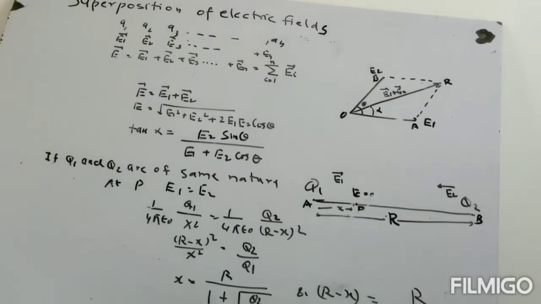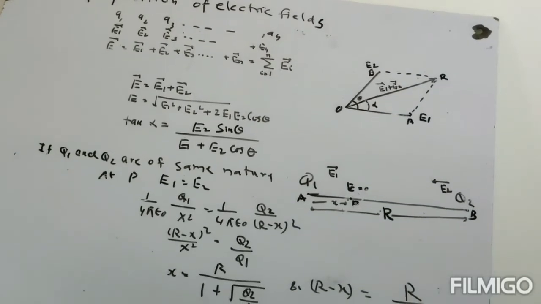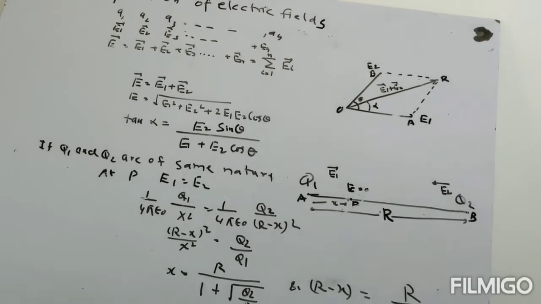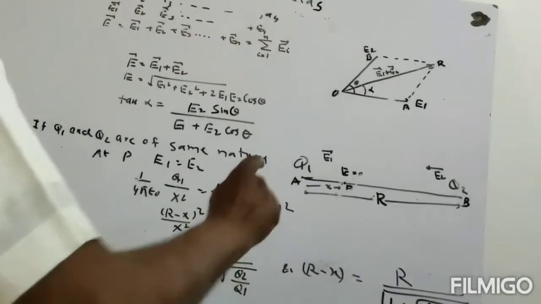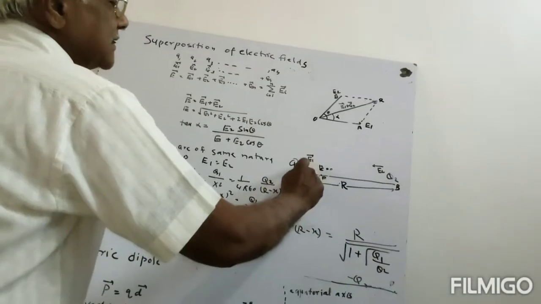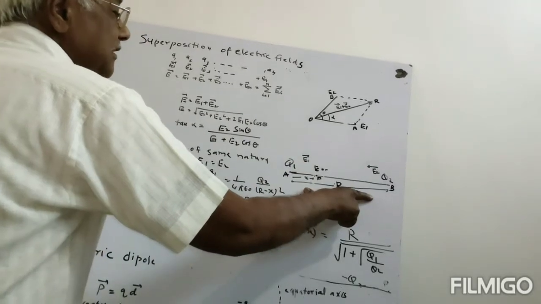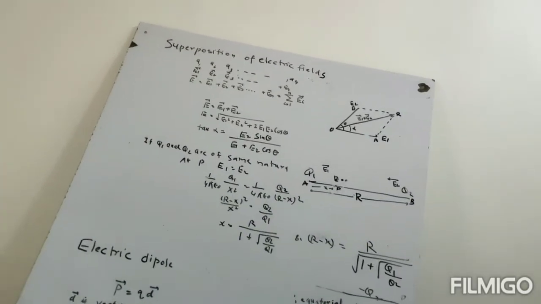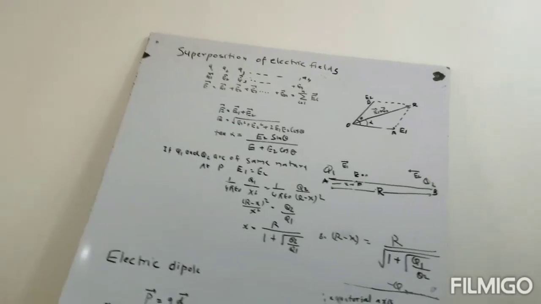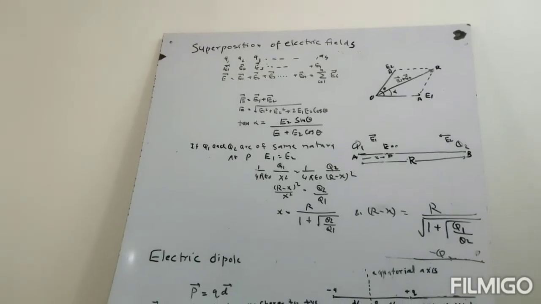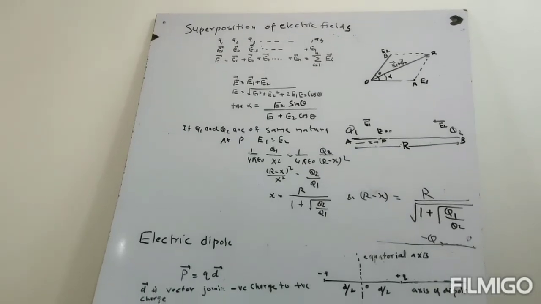Now we will take an example for the electrical field. Suppose we have two positive charges, Q1 and Q2, at a distance capital R from each other. Now we have to find the point on the line joining A and B where the total electrical field is equal to 0.